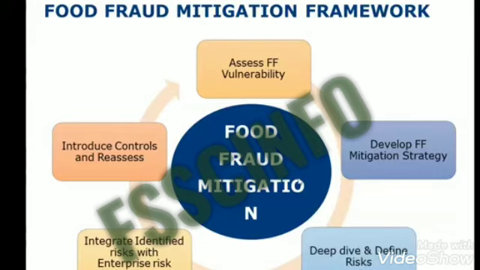I will give you slight detail because due to the shortage of time, we have to stick to the limited information. Maybe we can have another session on the detailed overview of these activities, starting from vulnerability assessment, preparing mitigation strategy and defining risk, then incorporating the risk into the enterprise food safety risk management, and then introducing control measures and reassessing to improve the system.